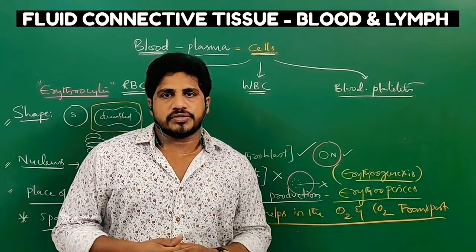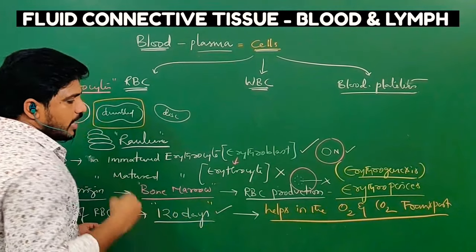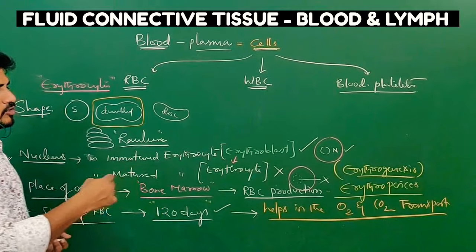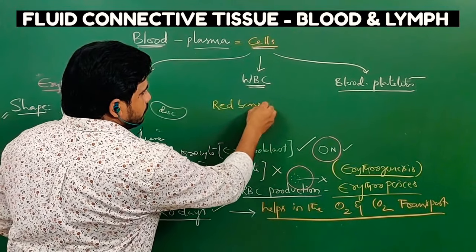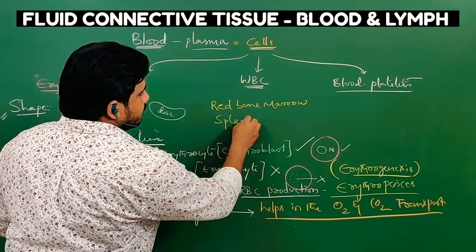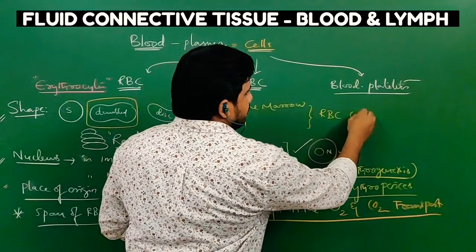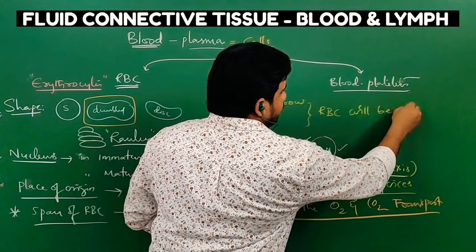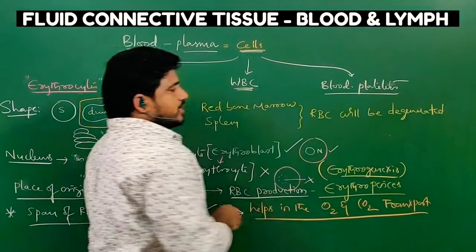Now, once the 120 days are finished, RBC is going to degenerate. The place is called the red bone marrow and also the spleen. In these two places RBC will be degenerated.